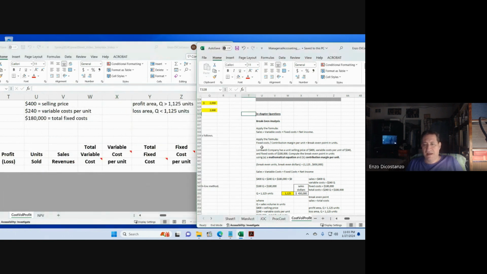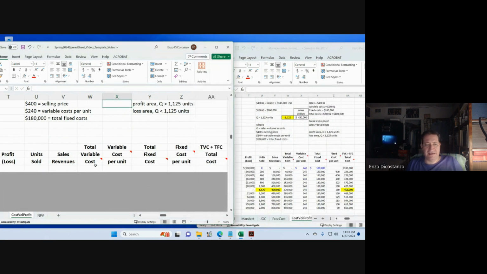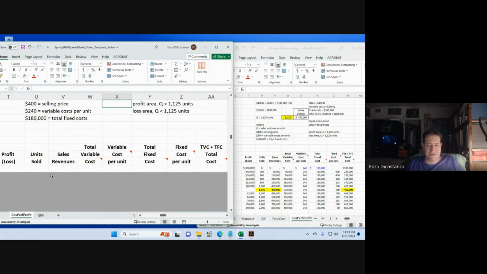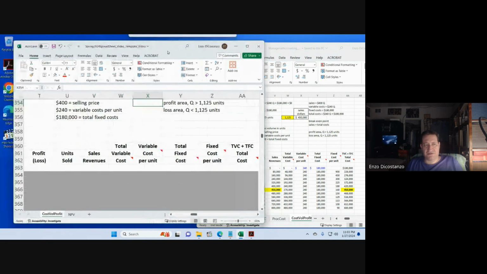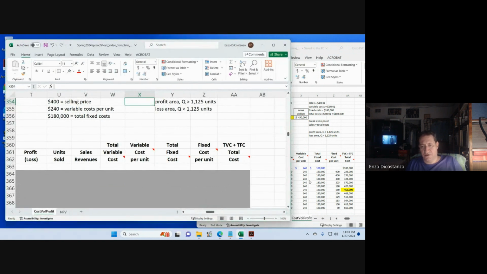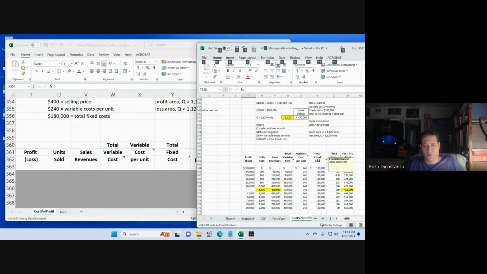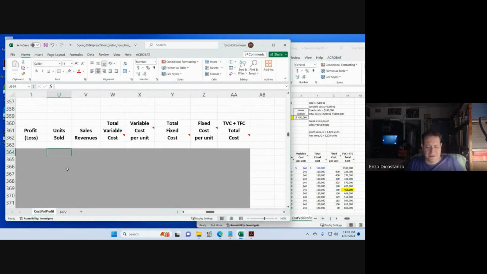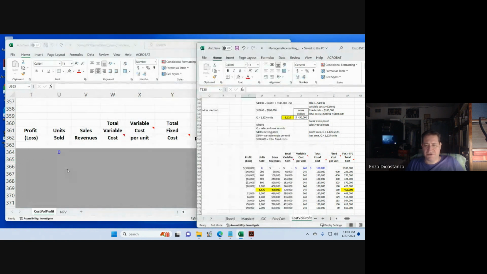And as we've spoken about in class, if our break even is in the thousands, I think the smart thing to do here, where it says units sold, is to start at 0 and just go by 200.